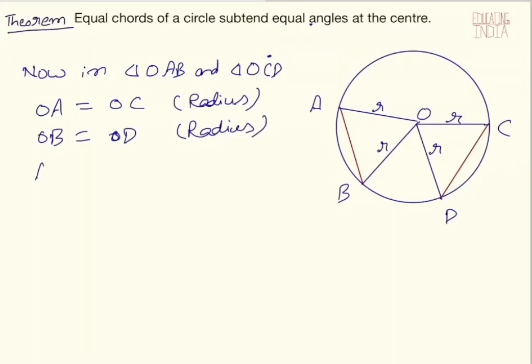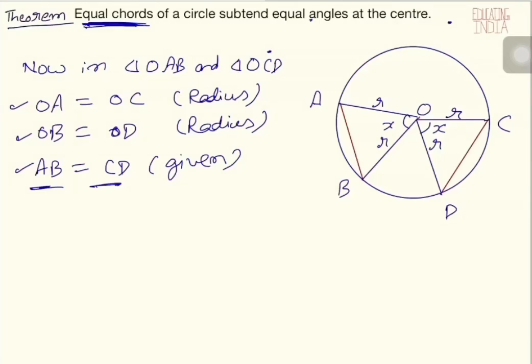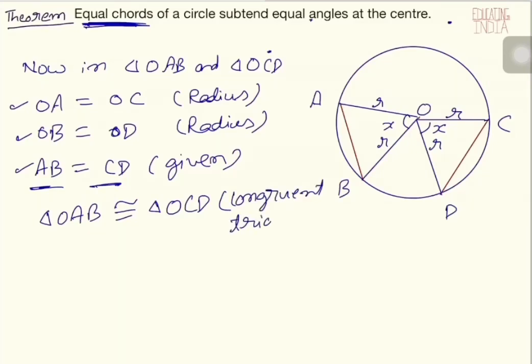And AB is equal to CD. It is given. What is given here? Equal chords. We have been given equal chords, so AB is equal to CD. So in two triangles, when all three sides are the same, triangle OAB becomes congruent to triangle OCD.